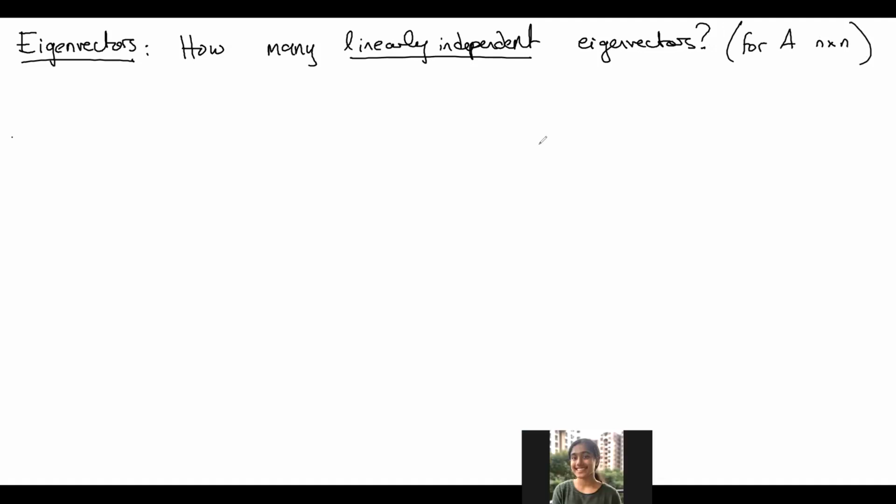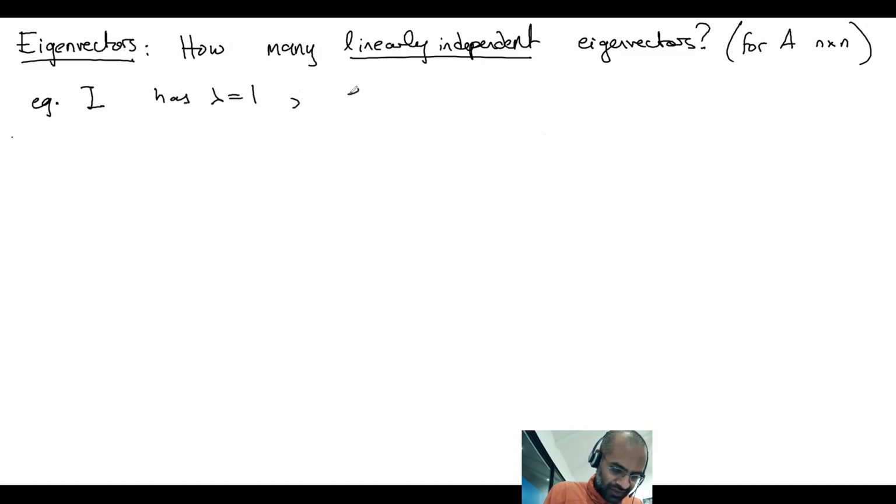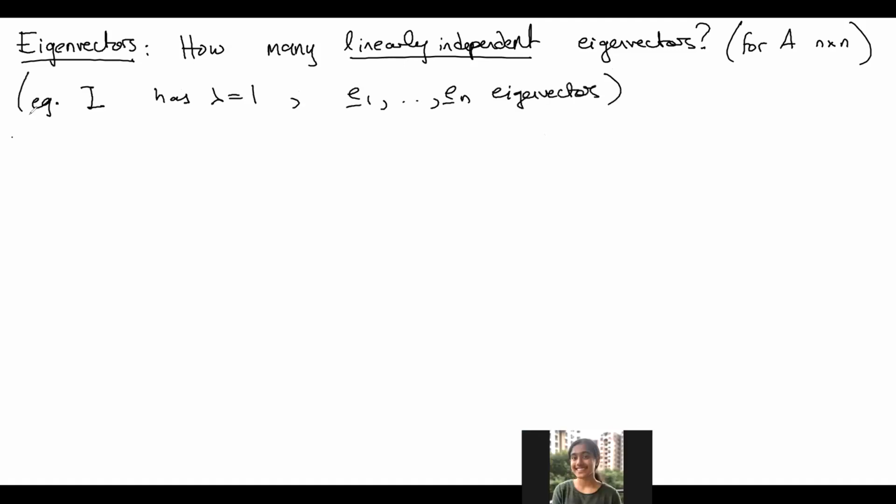I don't think we can have more eigenvectors than the number of eigenvalues, right? That's actually not true. It's not true because of the identity matrix, right? This has one eigenvalue, but it has actually n linearly independent eigenvectors. Yeah. So it will be n. Yeah, n is sort of an easy bound.